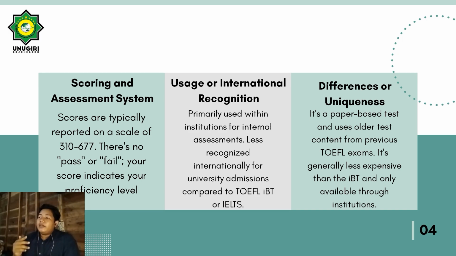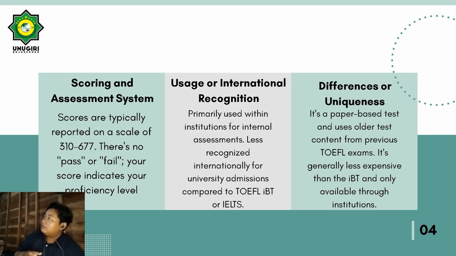And the usage and the international recognition: it is primarily used within the institution for internal assessment, and less recognized internationally for university admission, compared to TOEFL iBT and IELTS. And the differences or the uniqueness: it is paper-based.